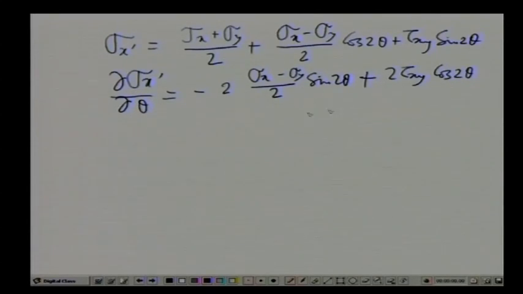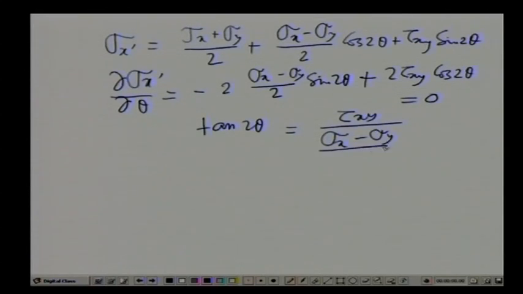And if we set this equal to 0, then we get tan 2 theta. If we take this to the other side, tan 2 theta is equal to tau x y by sigma x minus sigma y by 2.